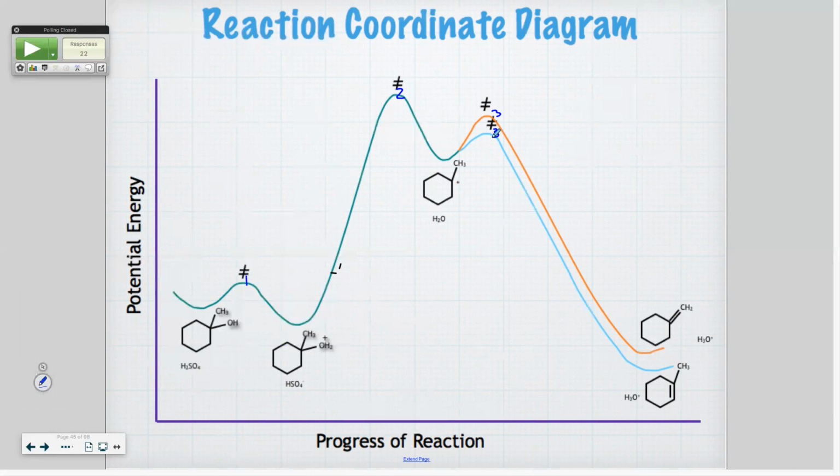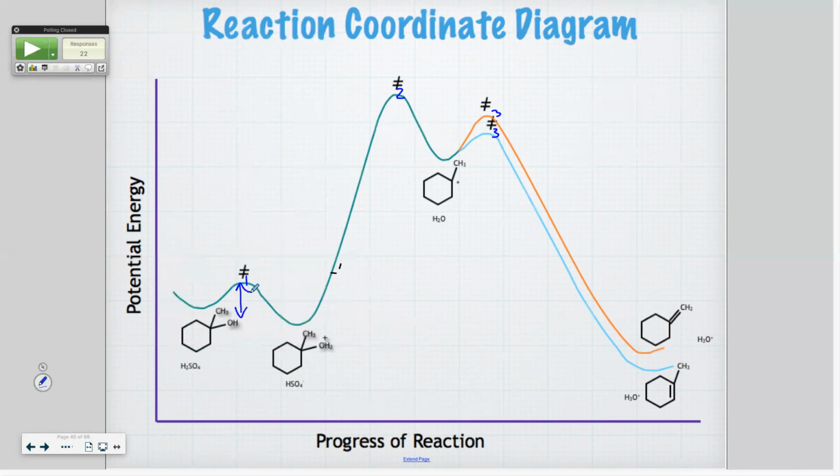Okay, the first thing that happens is we protonate. Generally this is exothermic, and you'll notice that this is lower than that. So this is exothermic and very easy, so your activation energy for this step is nice and low.